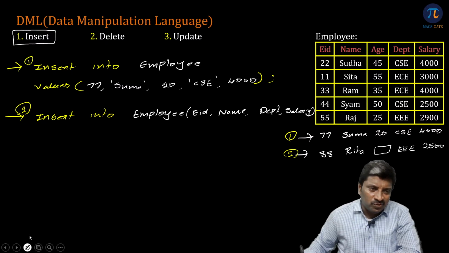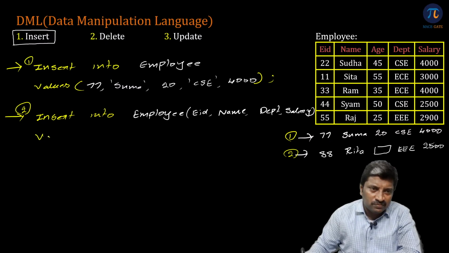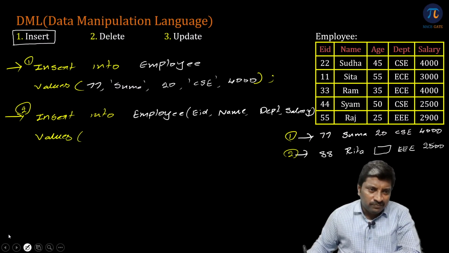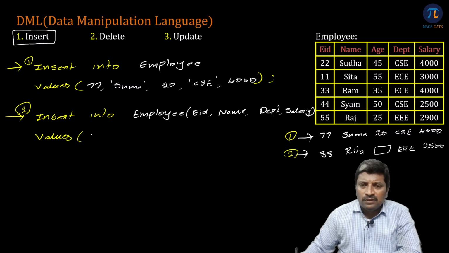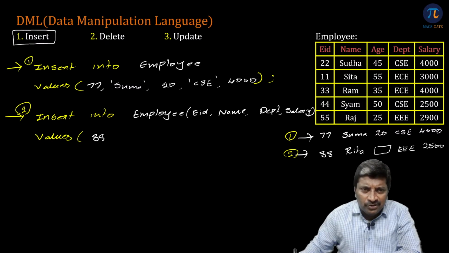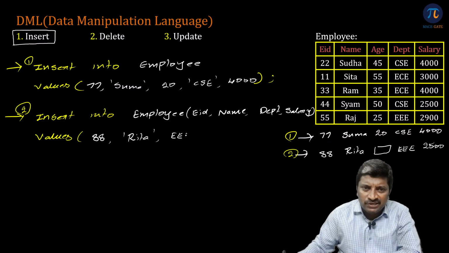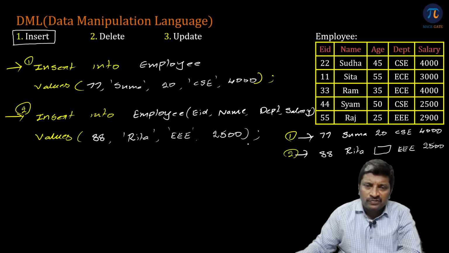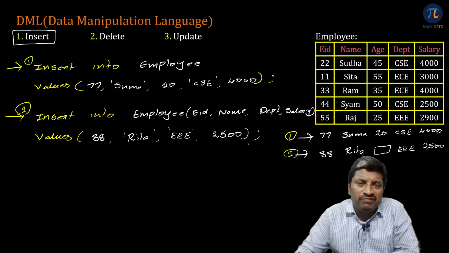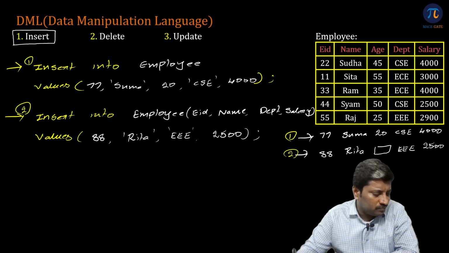So these are the attributes you are going to specify the values for. Values. What are the values, sir? 88, Rita, she is in AAA department and the salary is 2500. Right? So this is the way how we can insert the records in the table.